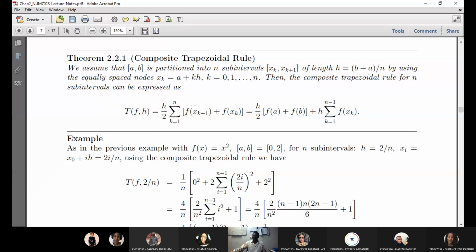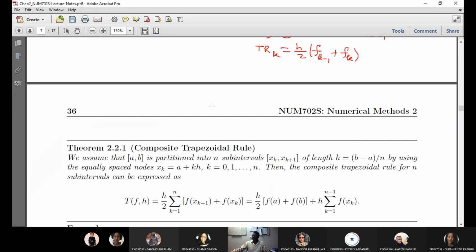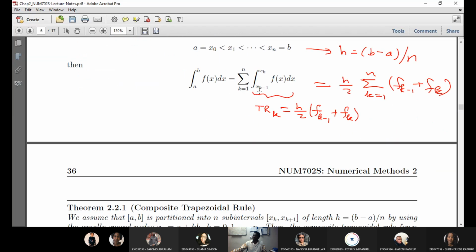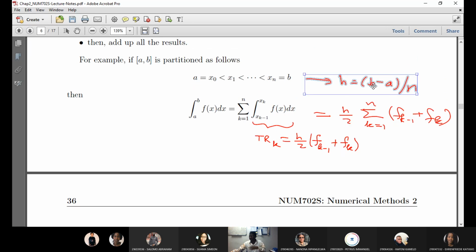And as I explained, because we are summing here, if this subinterval is an inner subinterval, all the inner points will be summed twice. You agree with me that all the inner points will be summed twice.